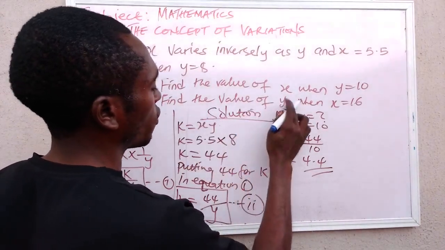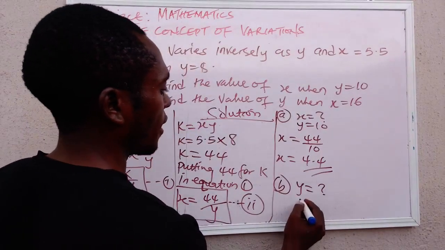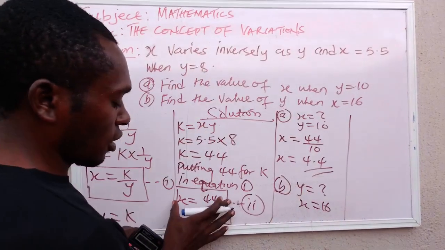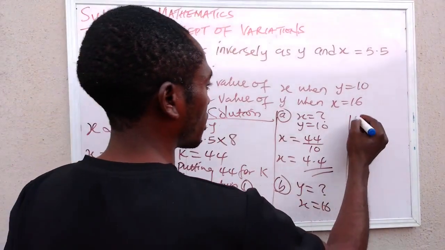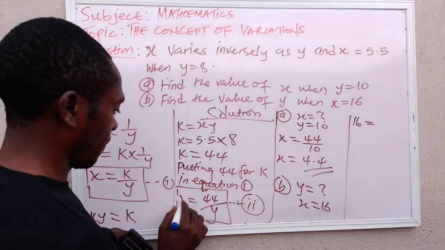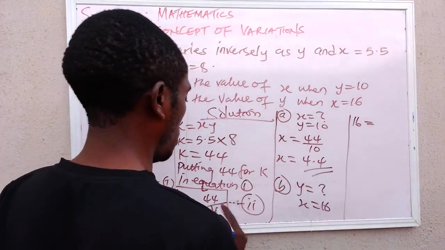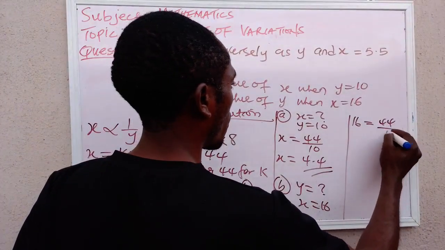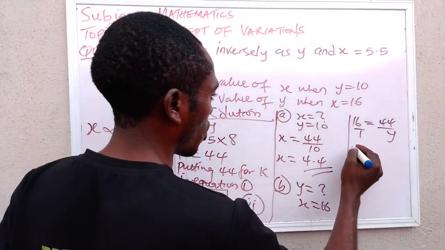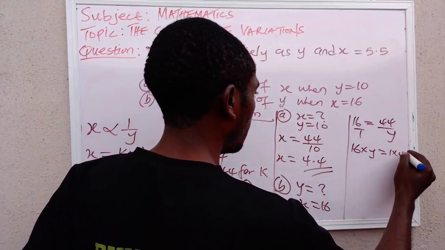Now we go to B. Find the value of y. So y is the question mark, and x is 16. Using this relationship, don't forget this is what we're using, x is 16, so 16 equals 44 over y. If you cross multiply, 16 times y equals 1 times 44.